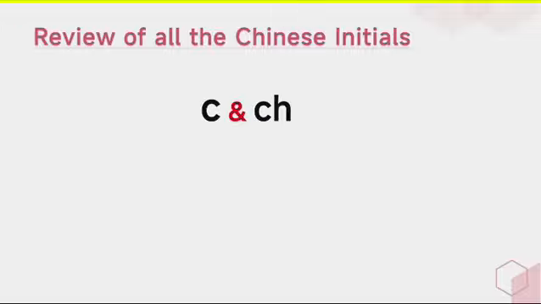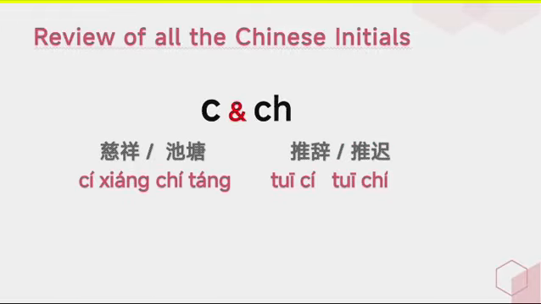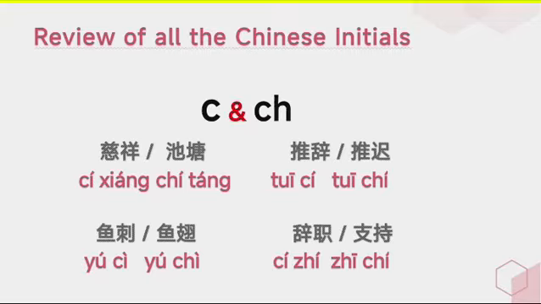The second group is 慈 and 痴. 慈祥 amiable, 池塘 pond, 推辞 refuse or decline, 推迟 delay, 鱼刺 fishbone, 鱼翅 shark fin, 辞职 resign, 支持 support.